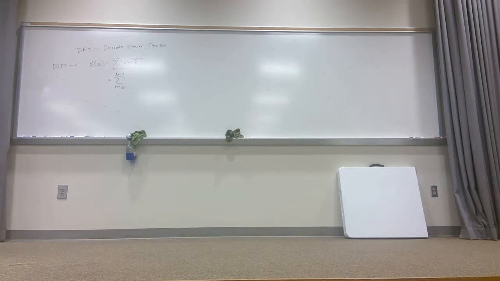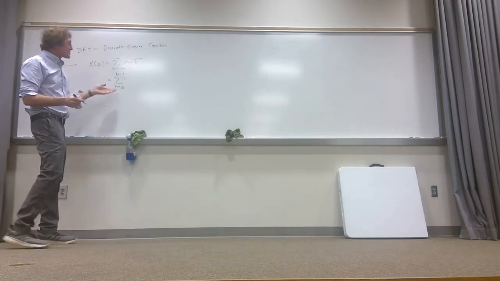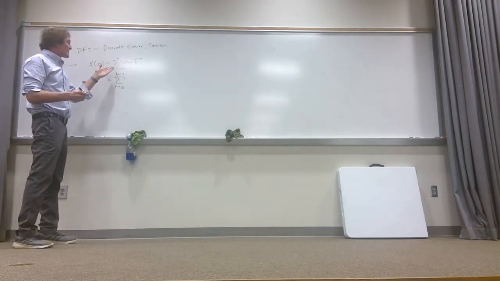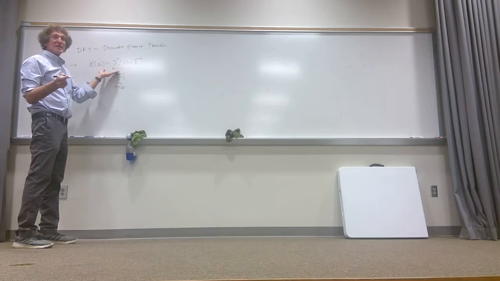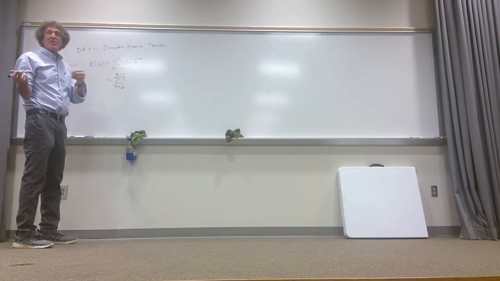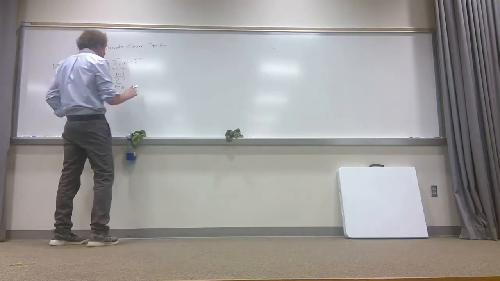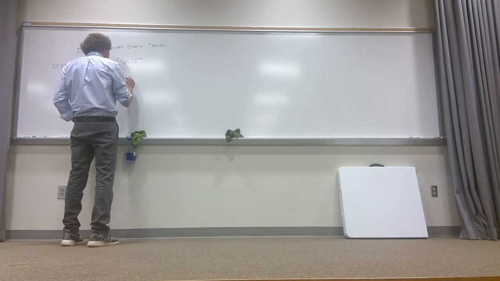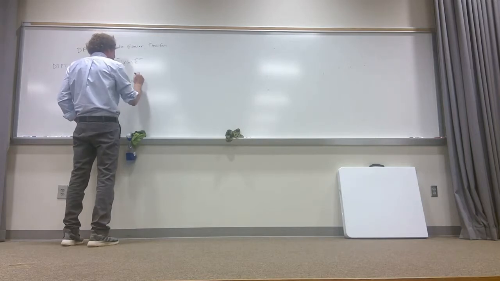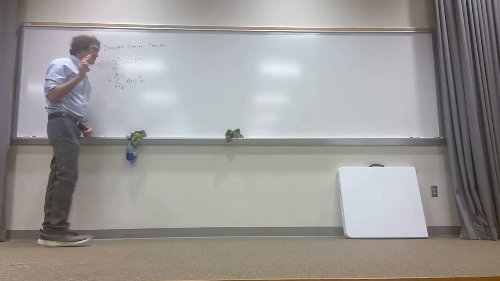Now the next thing, and by the way, this is still technically this, it's just what? If we're starting at minus infinity, it's a waste of time because all the values of x of n are 0 technically, right? If they don't have a non-zero value, it's an assumed 0. So then we have x of n times e to the minus j, and here's the point.